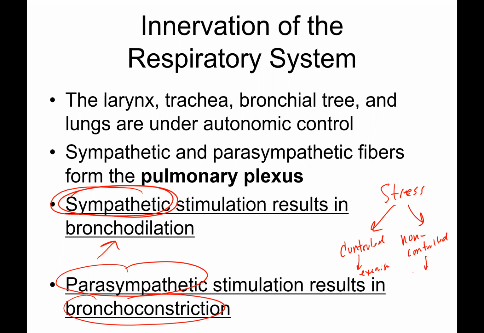Non-controlled would be like the so-called life stress, like the anxiety you would feel from a test, or the riots and this zombie apocalypse 2020 and whatever, right? Traffic, all these stressors that are at risk for stressing you out.